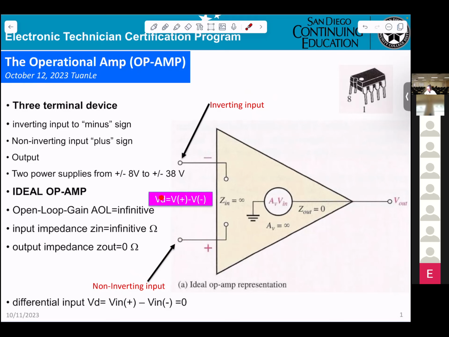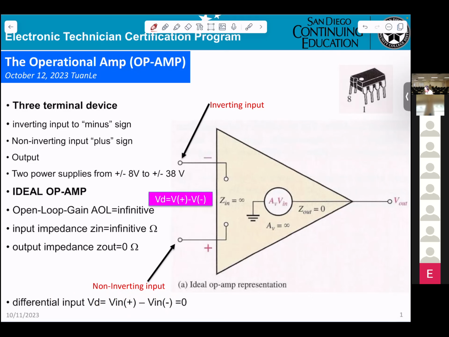What is VD? VD is the differential voltage input. It equals V positive minus V negative. The differential input VD equals V positive minus V negative, and we want that to be equal to 0.